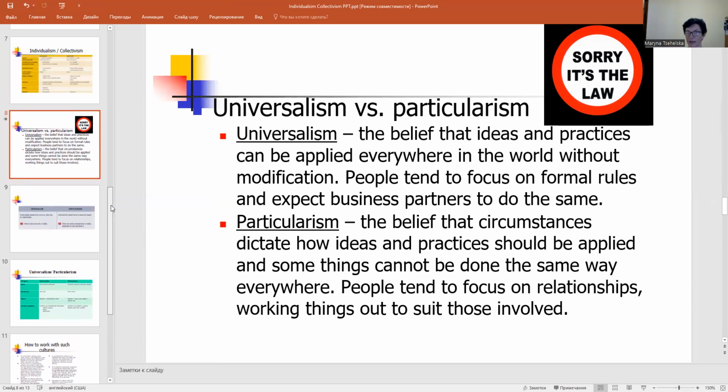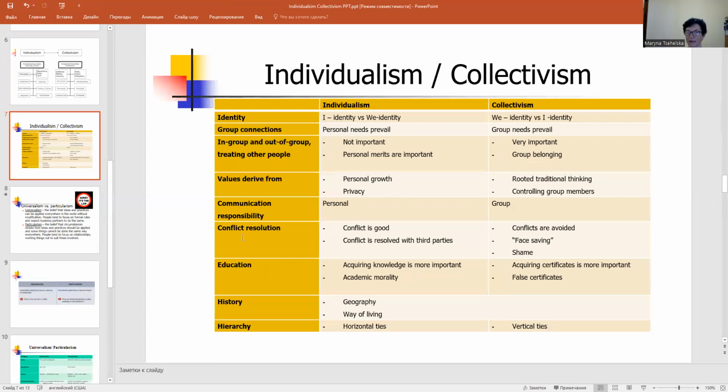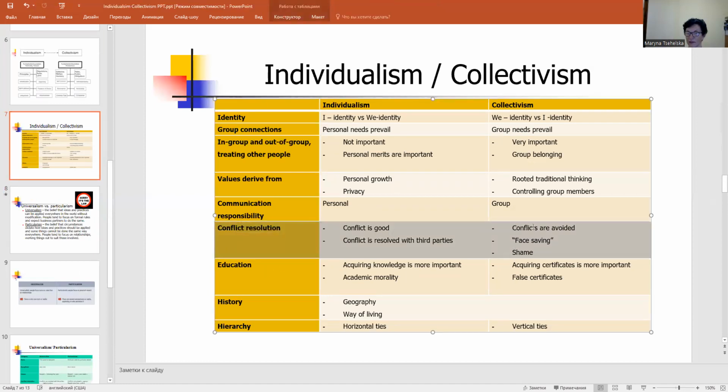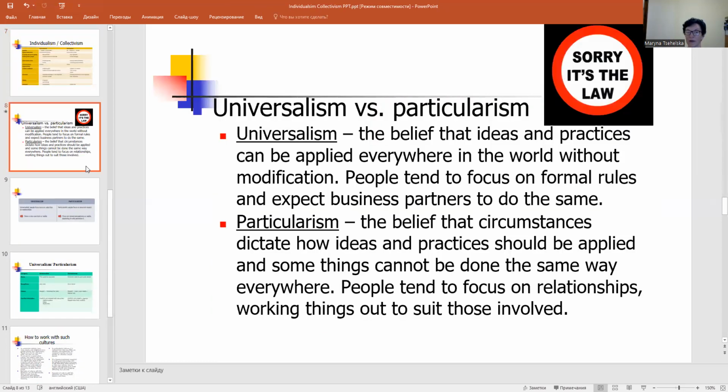While particularism, it's when we have it here, so conflict resolution. So here the rules are important for everyone, but in collectivism, the conflicts are avoided, face saving, and the rules are different. There are some rules for the members of your group and other rules for the people out of the group.